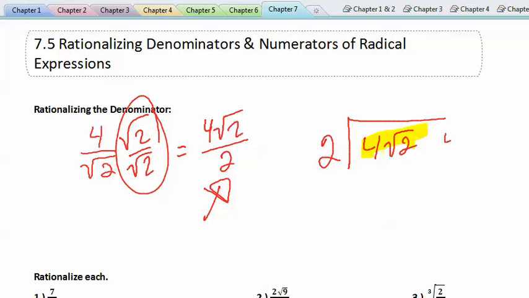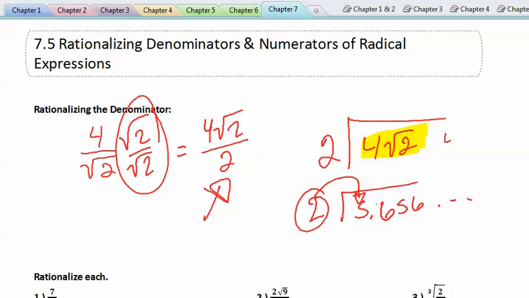And even though this part's irrational and goes on forever, being 5.656, you're at least able to know how many times 2 goes into 5, and then the 6, and the 5, and the 6, and so on, so that you can actually start dividing it longhand.